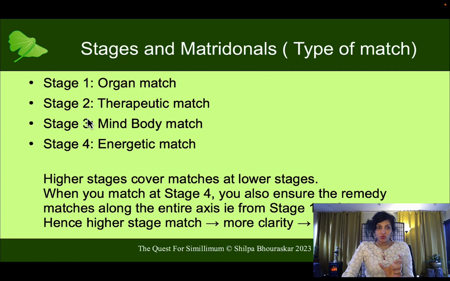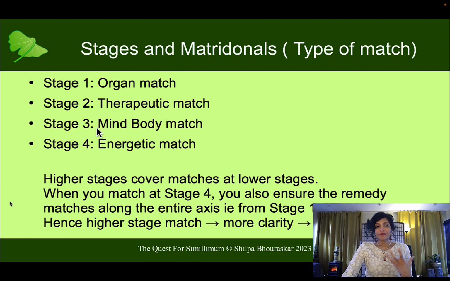Then we have stage 2, which is where you match the remedy at the level of the local therapeutic symptoms, or so-called therapeutic match. Then at stage 3, we go deeper at the holistic level, at the constitutional level, at the mind-body level, where you have the connecting symptoms in different parts of the body, and everything is taken in as a whole. And then we have stage 4, where you match at a very, very energetic, deeper level at the source level.